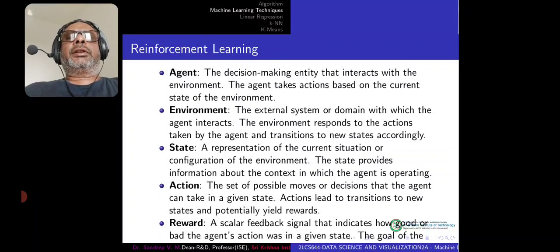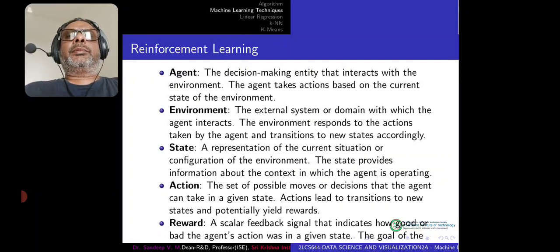So the human tries to imitate more and more actions which give positive results and tries to avoid those which give negative results. In this way, with time, the human tries to correct himself and makes more and more positive actions, and will avoid as much as possible the negative actions. So this way the human learns.